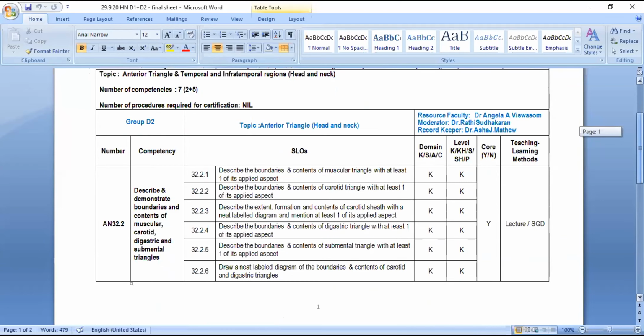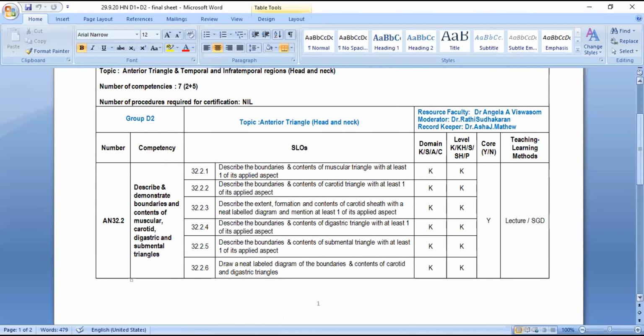Competency AN 32.2 is: describe and demonstrate boundaries and contents of muscular, carotid, digastric, and submental triangle.